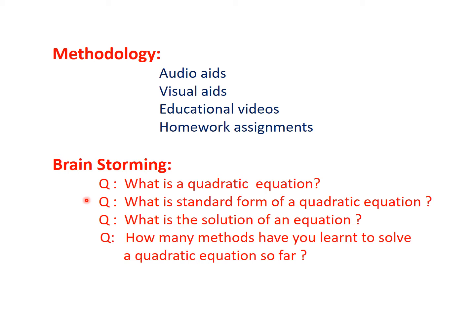A quadratic equation arranged in ascending or descending order having 0 on one side is called standard form of the quadratic equation. What is solution of an equation? Yes, answer is simple. Answers obtained by solving a quadratic equation or any equation is called solution or roots of that equation.